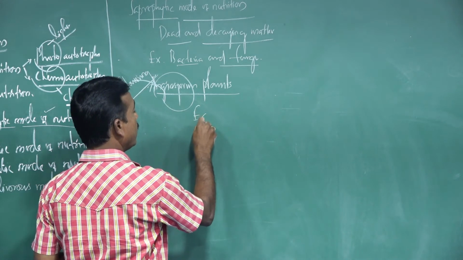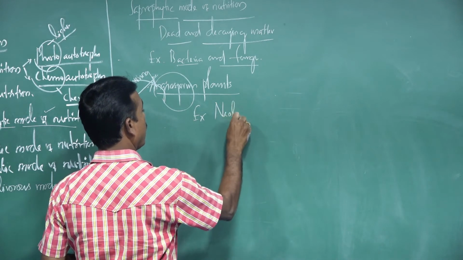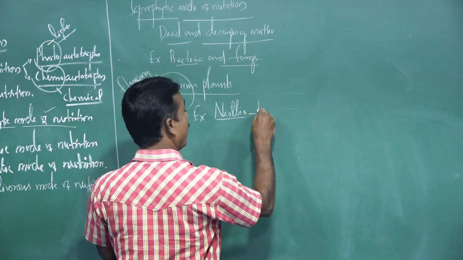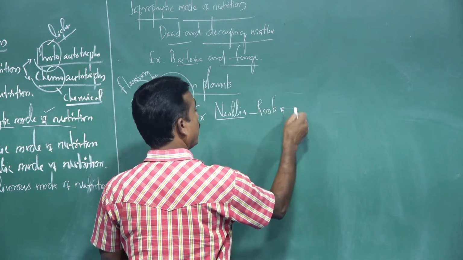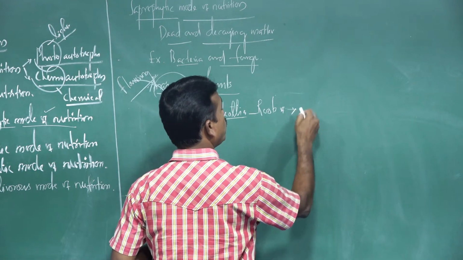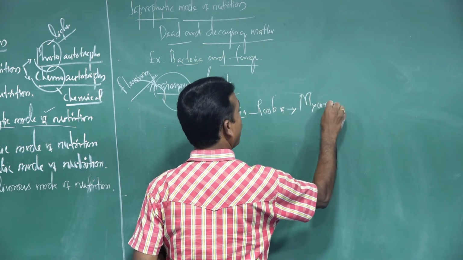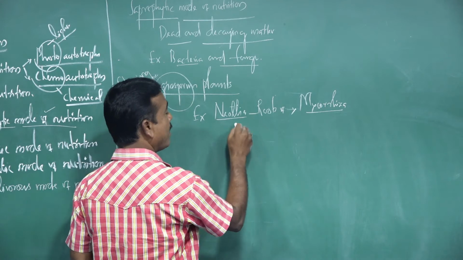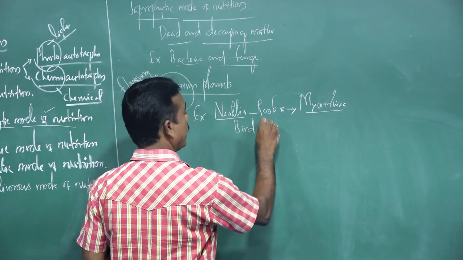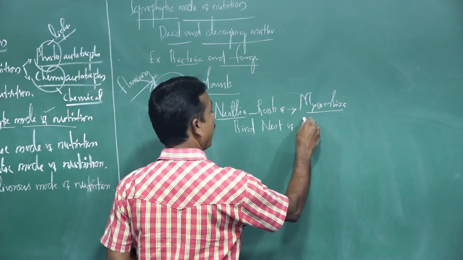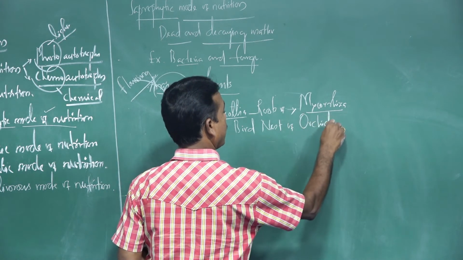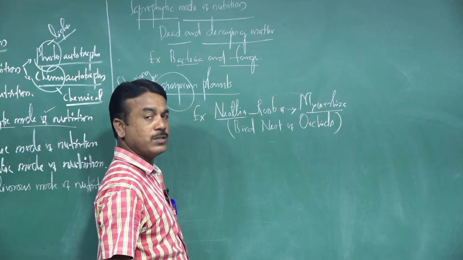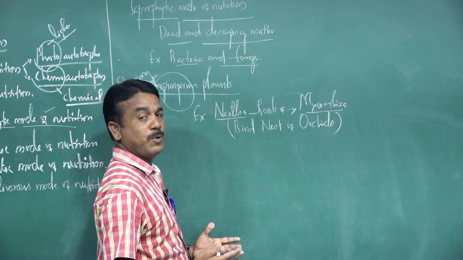What is the example? Neotia, commonly called the bird's nest orchid. The roots of Neotia are associated with mycorrhiza, and it gets nourishment as a saprophyte.